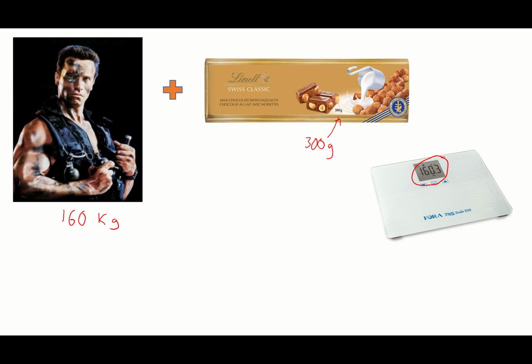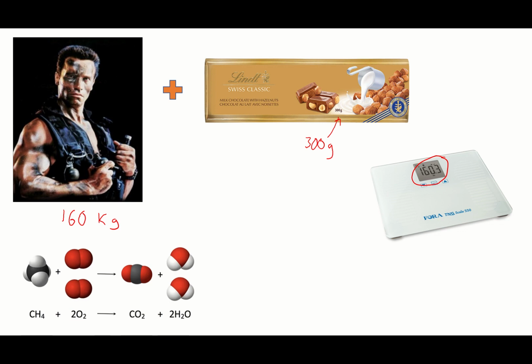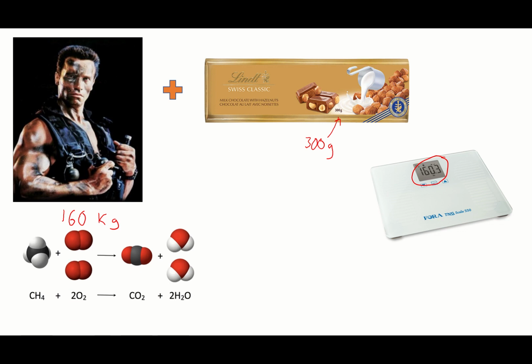So now let's look at an example. Here we have methane, we're adding 2 oxygen molecules, and it produces carbon dioxide and 2 water molecules. On the left-hand side we have the reactants, which I'm going to label R, and products on the right-hand side.